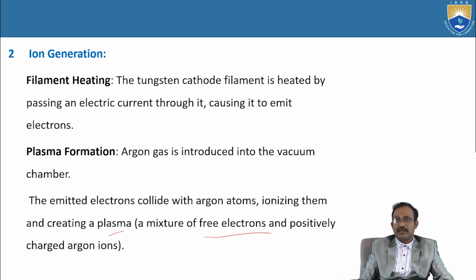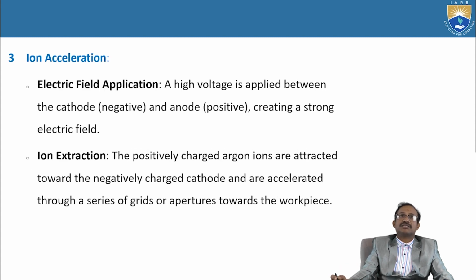Next, ion acceleration. Electric field application: a high voltage is applied between the cathode, that is negative, and the anode, positive, creating a strong electric field.